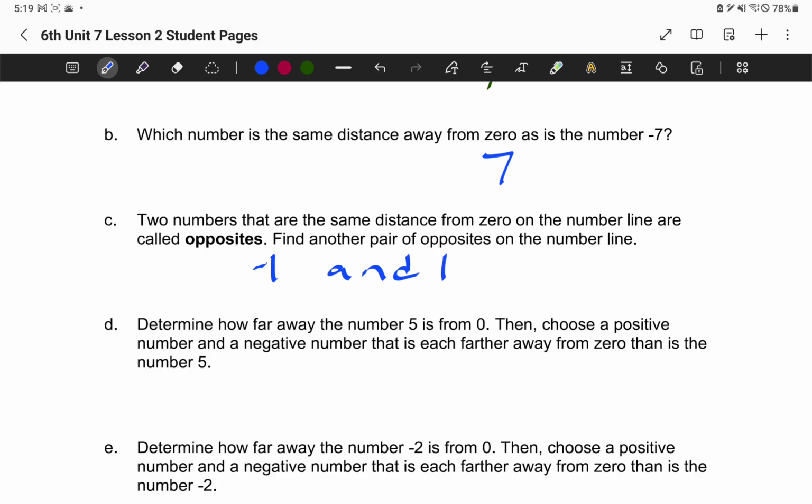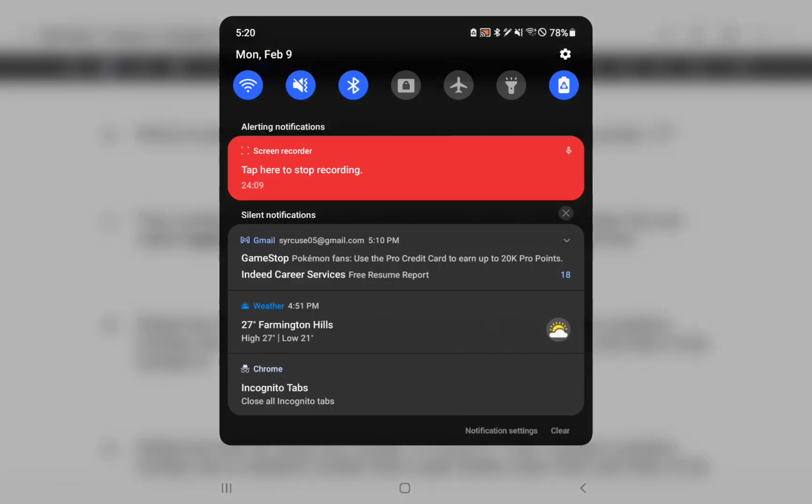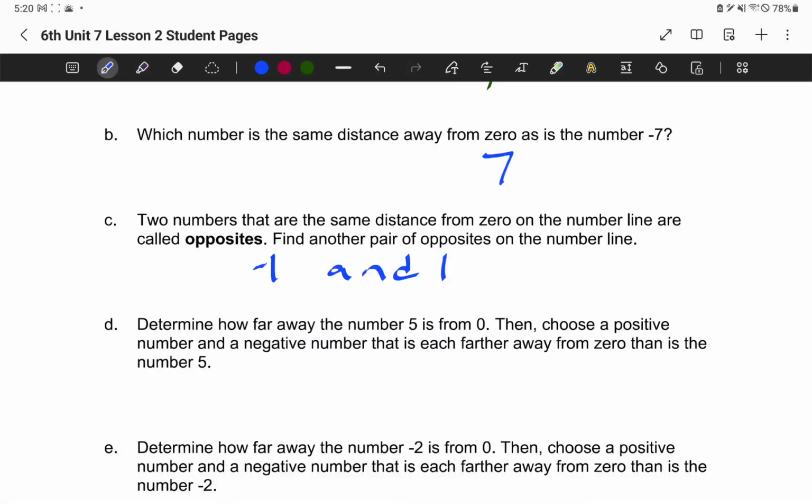Then choose a positive number and a negative number that is each farther away from 0 than is the number 5. Now, this one doesn't make a lot of sense, but it just means that we want it to be farther away from 0 than the number 5 is.